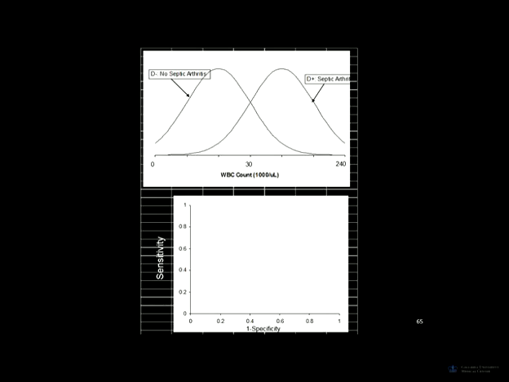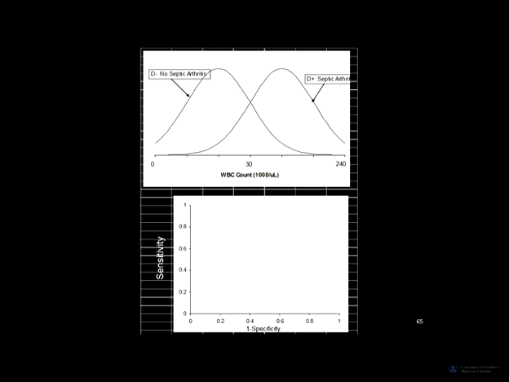And just to show you this concept graphically, there are two panels for the next set of slides. This is your white blood cell count in the synovial fluid on the x-axis here. On the y-axis is simply the number of patients who have that result. And the first distribution, the bell curve on the left, is people without the disease, without septic arthritis.